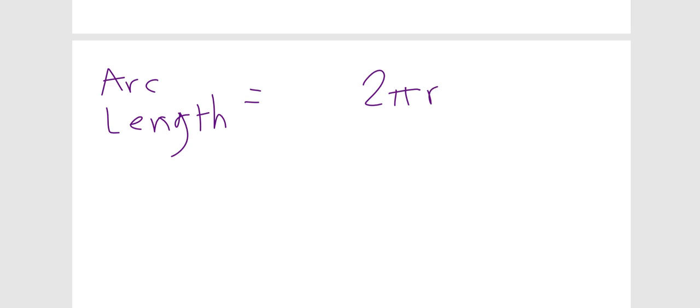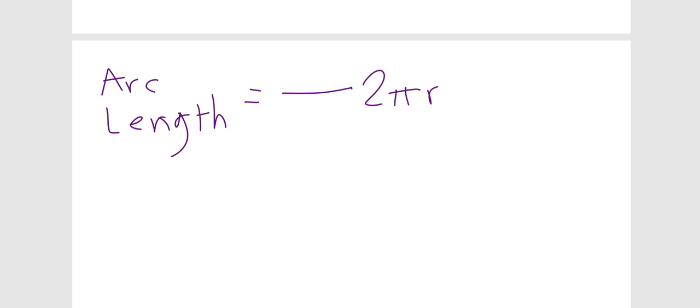Yes, I know that's the same thing as pi d. That would work too. It is not based on pi r squared. I've seen a few people doing that today. That's the area, right? And that would be true if we were dealing with an area of a sector. But we're dealing with arc length.